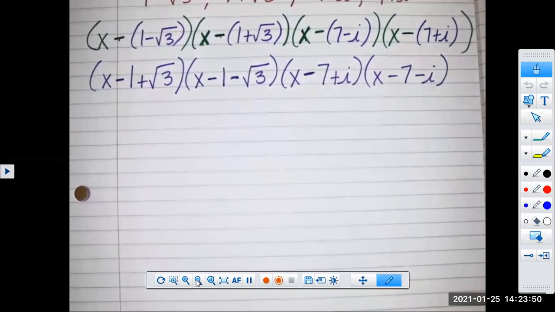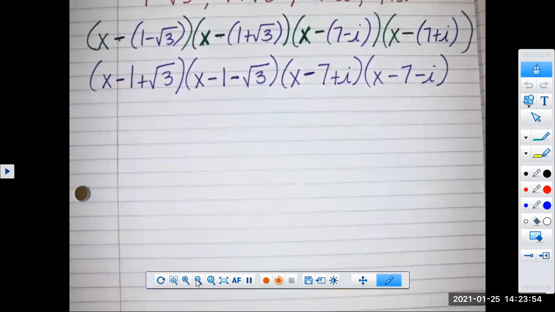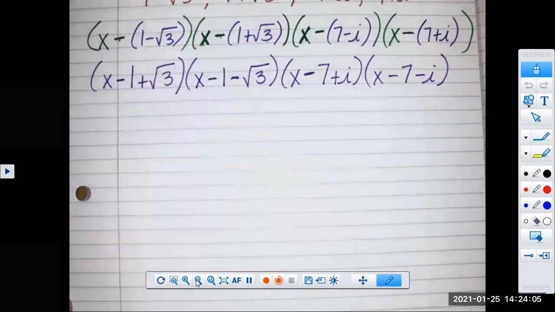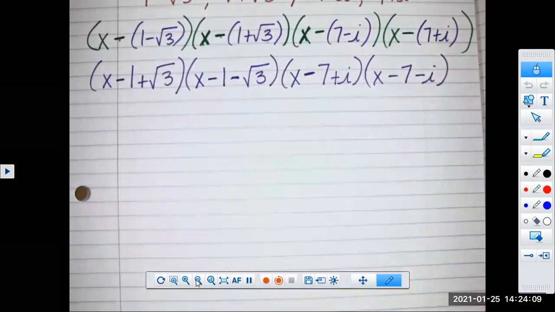All right. Now, notice in each set, there's nothing you can combine. There's no like terms. So what I suggest you do is focus on multiplying the things that contain those radicals together, multiplying the things that contain your i's together, then finally multiplying those two answers. So that's the way we're going to treat it.